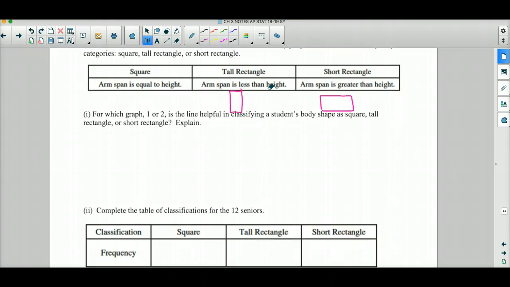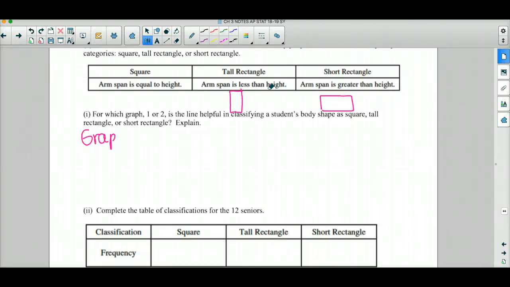For which graph, 1 or 2, is the line helpful in classifying a person's body shape as square, tall rectangle, or short rectangle? Explain. One of these graphs helps you do the classifying. Which graph is it? Graph 2.